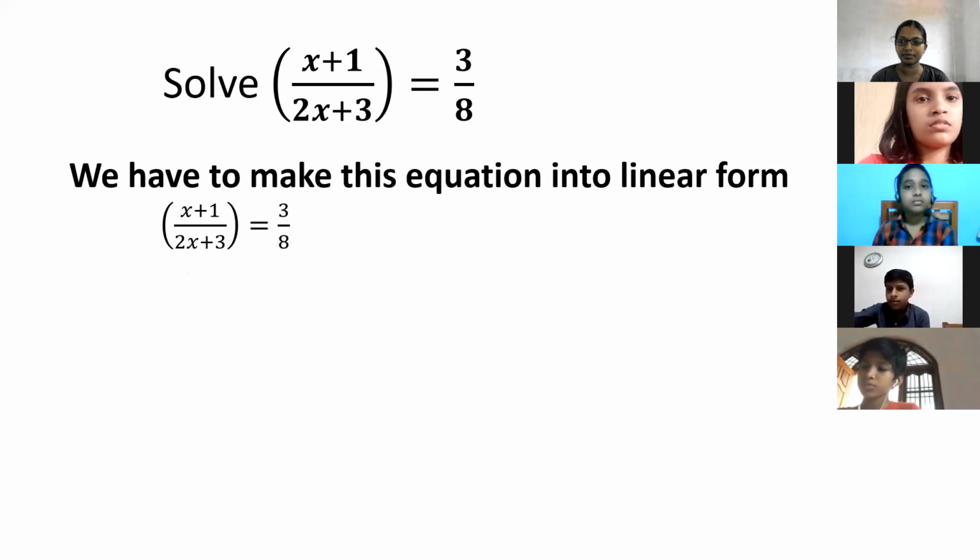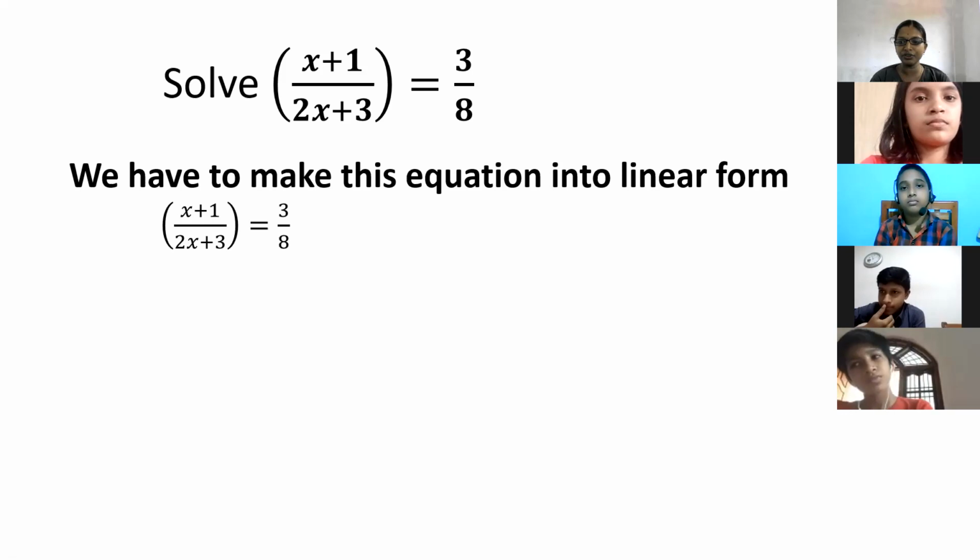In this rational number, what is the numerator and what is the denominator? x plus 1 is the numerator and 2x plus 3 is the denominator.